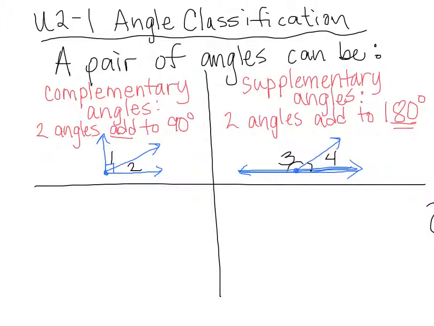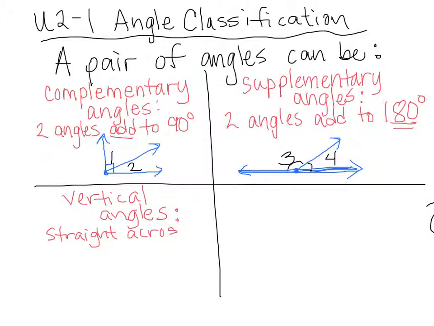A third category are vertical angles. Now, vertical angles are straight across from each other, sharing the same vertex. Okay, so let's first write straight across from each other.